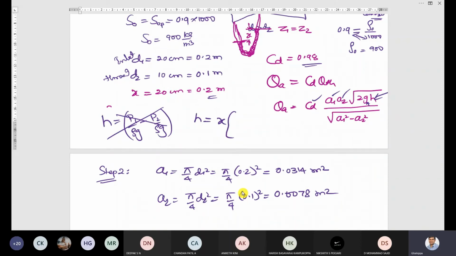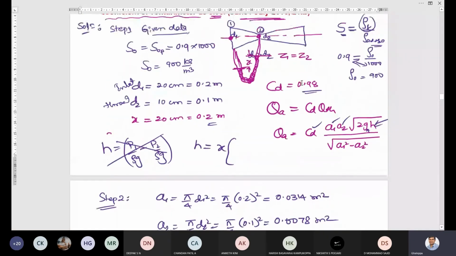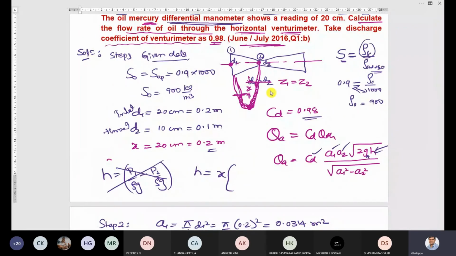Now you check whether density of the manometer fluid is more than the pipe or it is reverse. Here density of the manometer fluid is more than the density of the oil, because here it has used the word mercury. So mercury means 13,600, or specific gravity is 13.6, and density of the oil is how much?